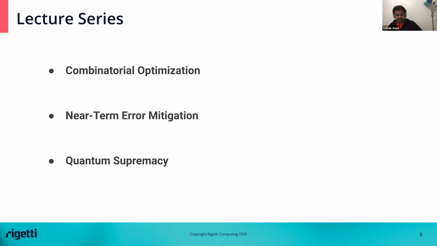So we'll continue on our lecture series on quantum computing and programming. Last time we talked about combinatorial optimization, what it was, and how it might be performed in the long term when we have fault tolerant error corrected quantum computers.